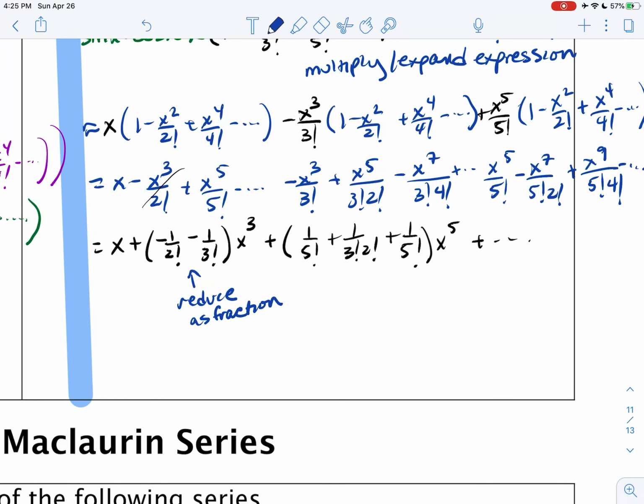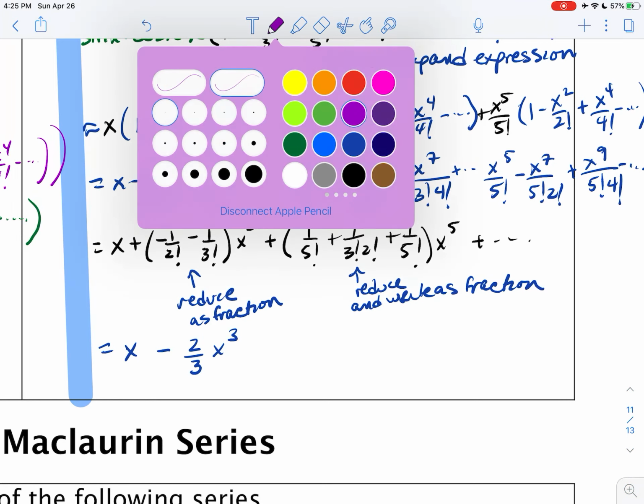Right, and here this would be 1/2 plus 1/6, and so we would have 3/6 plus 1/6 is 4/6 or 2/3, so this would be roughly equal to x minus 2/3 x cubed, and we'd want to reduce as fraction and write as fraction.